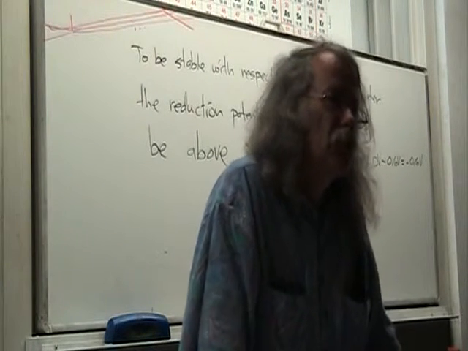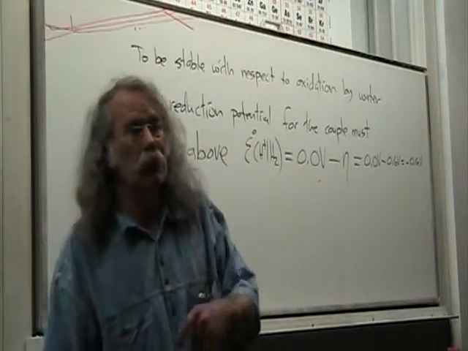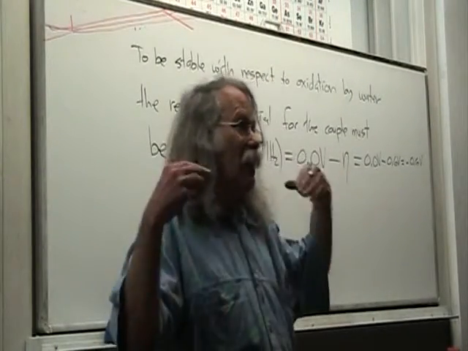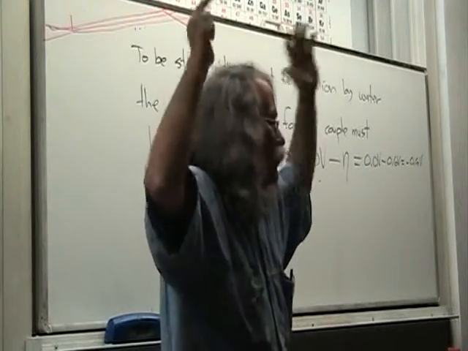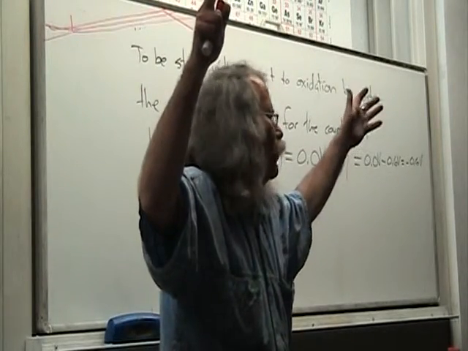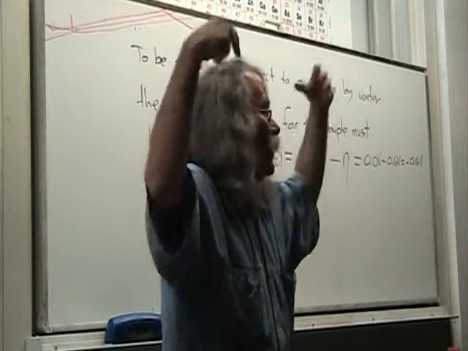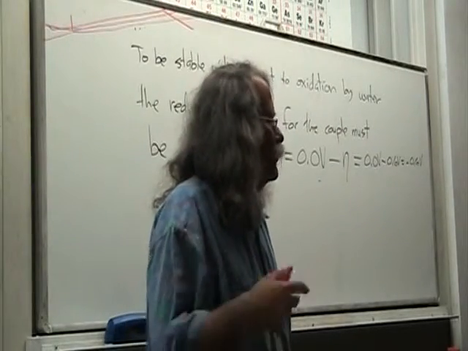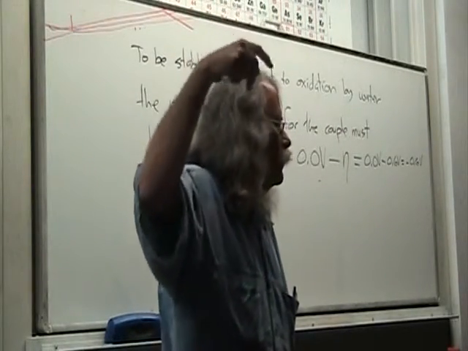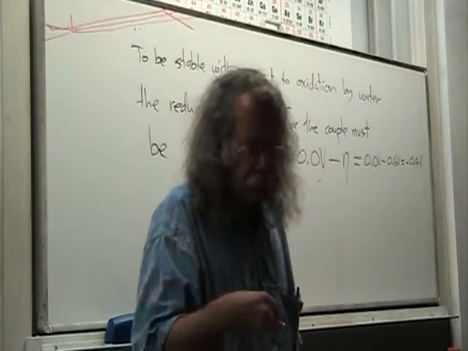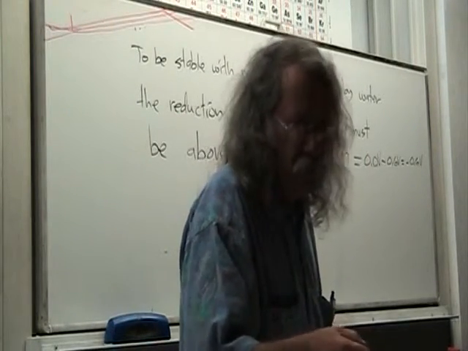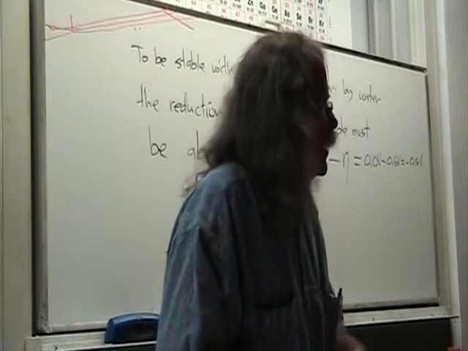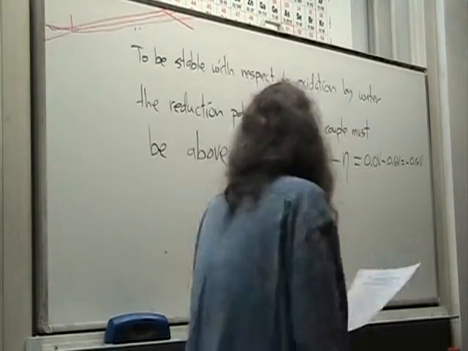Whether it's going to be reduced: to be reduced by water, it has to have a reduction potential greater than 1.83 volts. That's 0.6 volts plus 1.23. And none of the candidates in our question fall into that category.